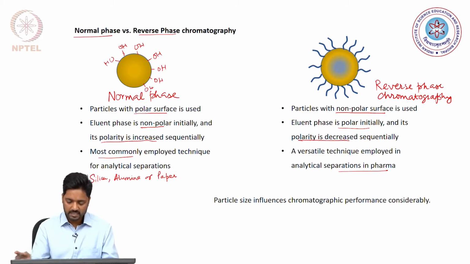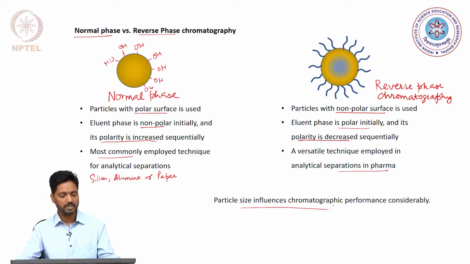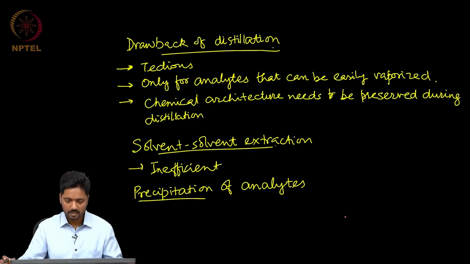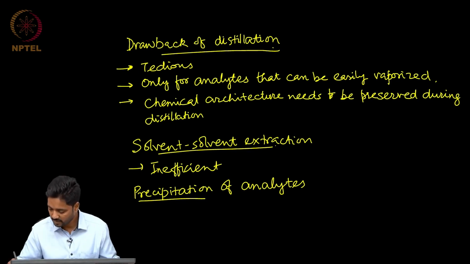So, before I discuss how particle size influences chromatographic separations, let me quickly describe how particles of, say, silica are converted from a normal phase particle to a reverse phase particle by undertaking a chemical reaction.